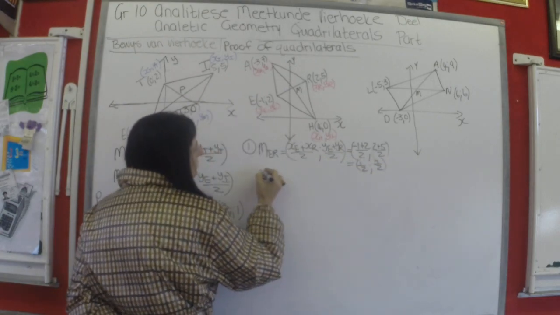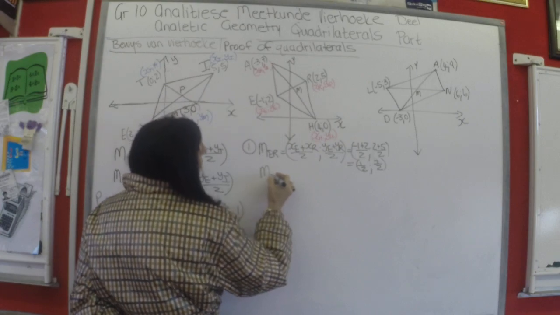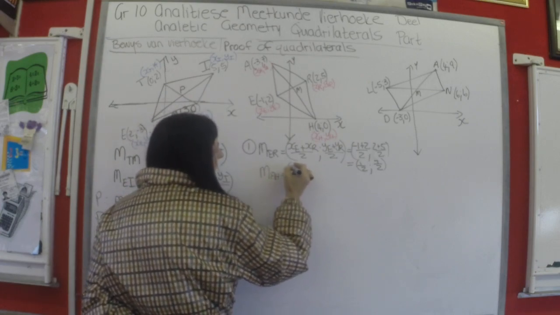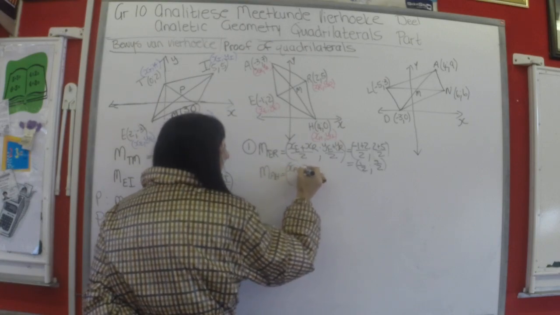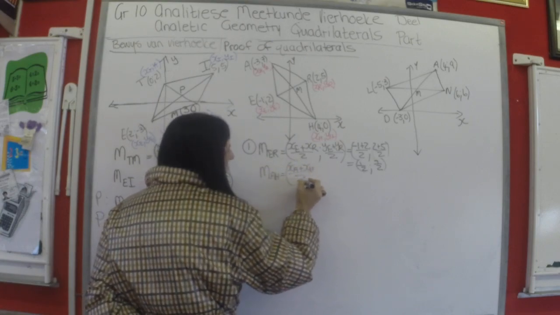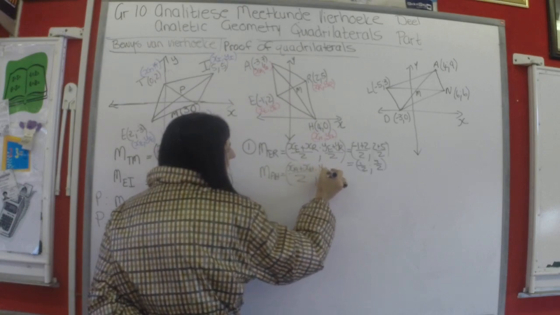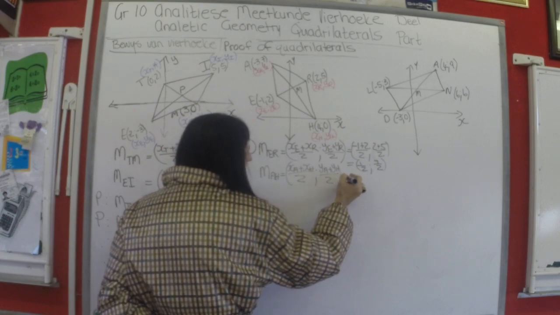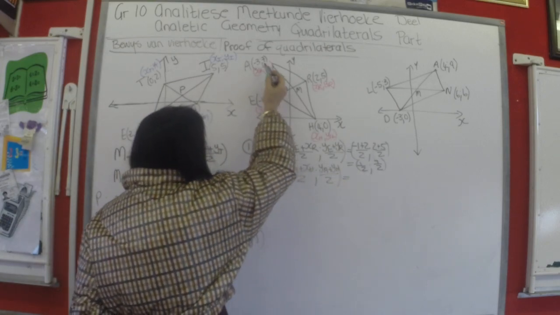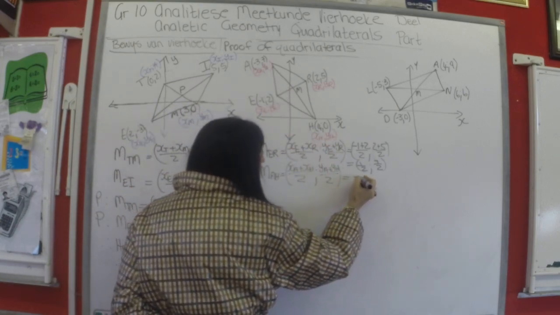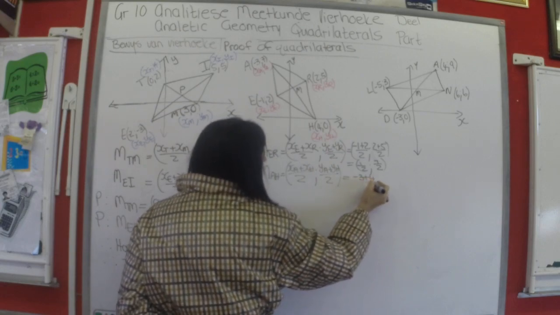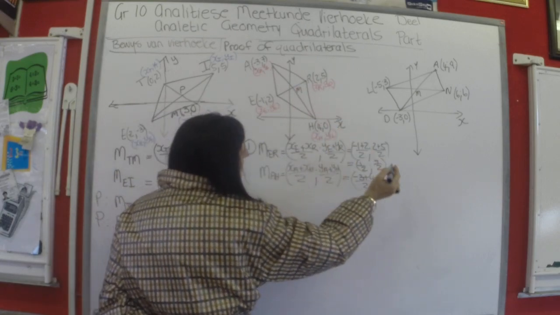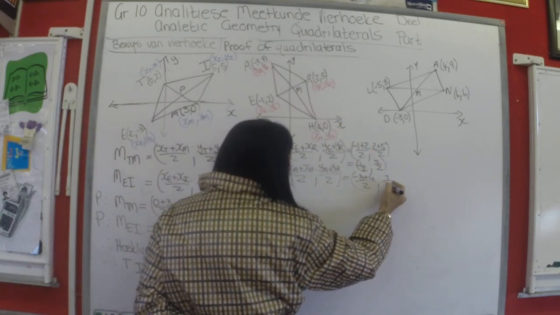OK, nou kan ons middelpunt van AH kry. So again, the formula x of A plus x of H divided by 2 en y van A plus y van H deur 2, en ek het minus 3 plus 4 gedeel deur 2 en die y-waardes is 7 plus 0 gedeel deur 2.